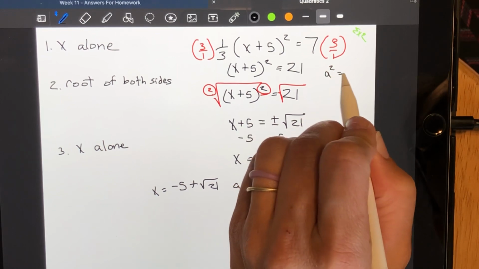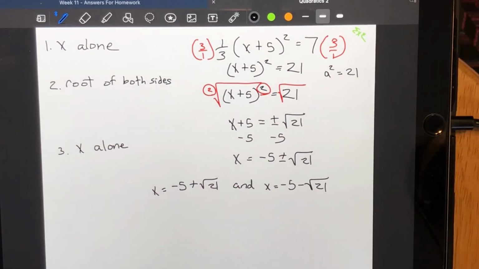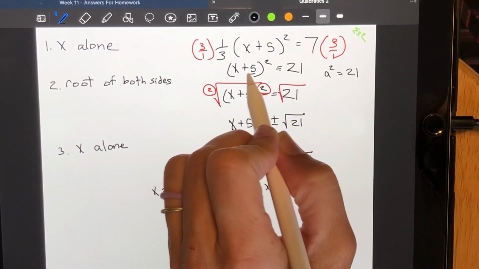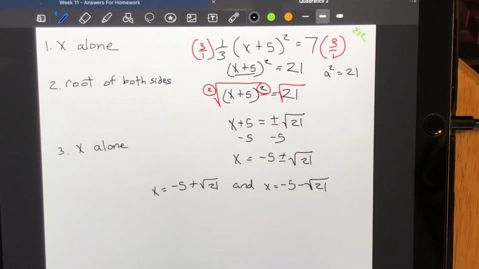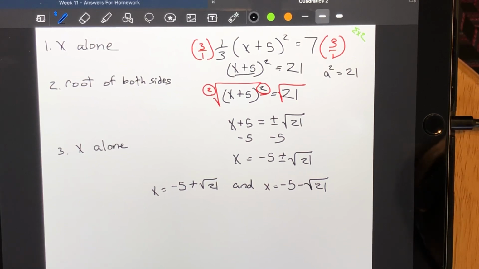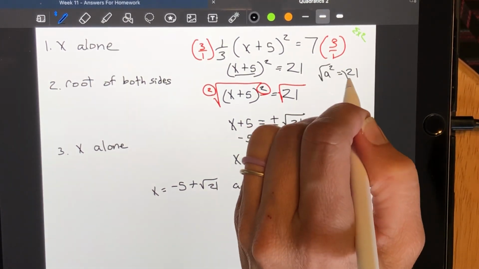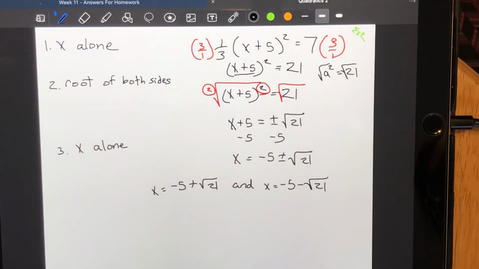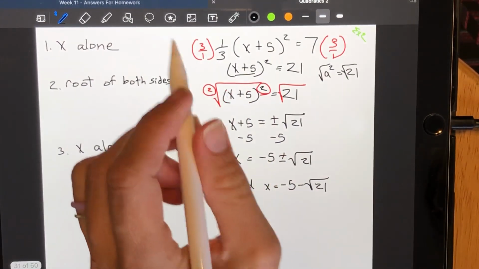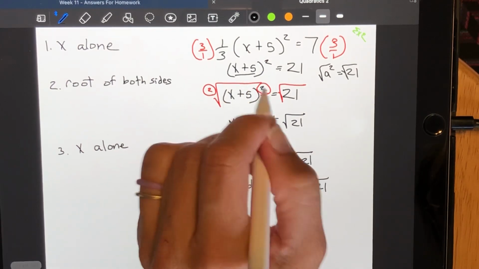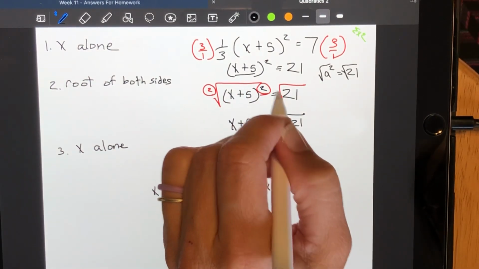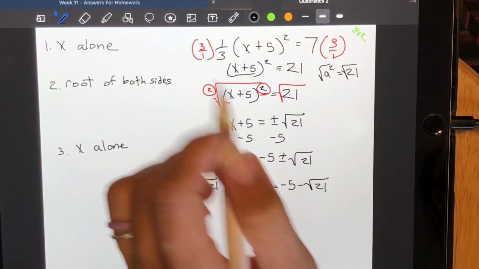a squared equals 21. If we replaced our entire x plus 5 with one variable, if I had a squared equals 21, I know that I could simply take the square root of both sides. So that's what we're going to do. We're going to take the square root of our entire left side, and the square root of our entire right side.